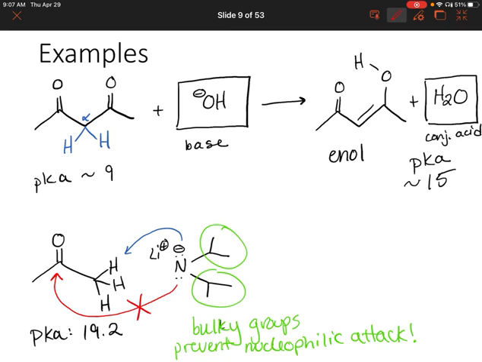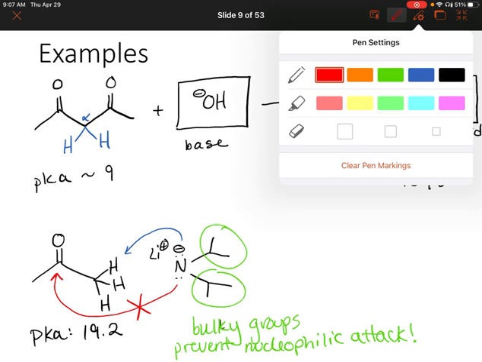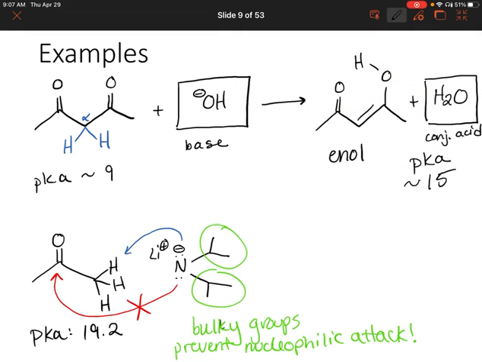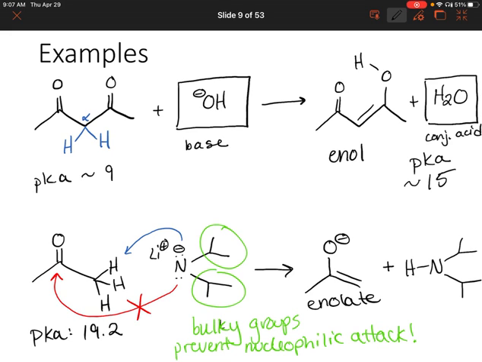So the nucleophilic attack doesn't happen, and that nitrogen will just act as a base and take an alpha proton. So then we end up forming our desired products here, or intermediates. So we've got our enolate, and we also have the conjugate acid of our base as another product.